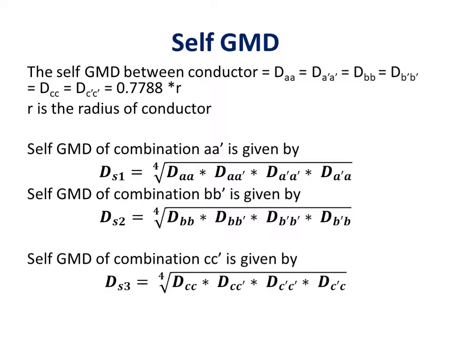Now we'll see how to calculate the flux linkages due to its own conductors, that is, due to conductor phase A on one side, and on the other side phase A will also be there, which we denote as A dash. So the flux linkage is due to its own conductor, own phase, same phase.